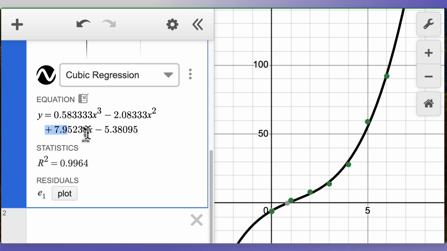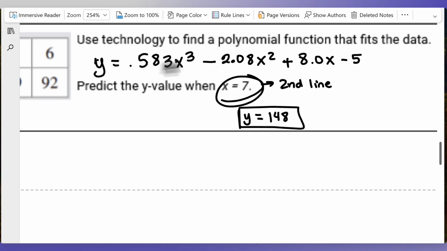So it'll be 8x, and then minus 5. We're going to just do a whole number for our last term there. So this is what we're going to get for our whole polynomial function that fits the data. That's our model. And that's great and good if that's all they want you to do.